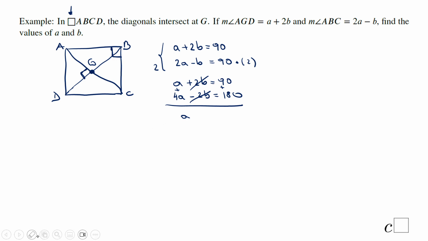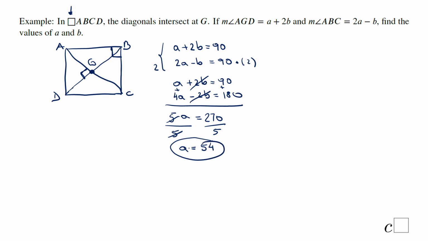Let's be sure about that. 5A equals 270. So we're going to divide by 5 here, and we have A equals 270 divided by 5. That will be 54.